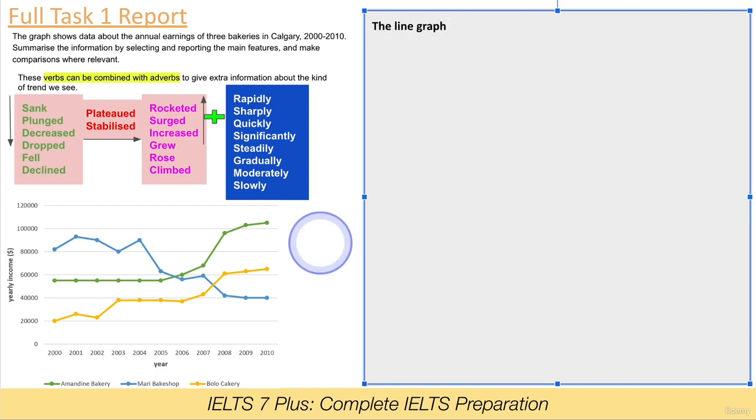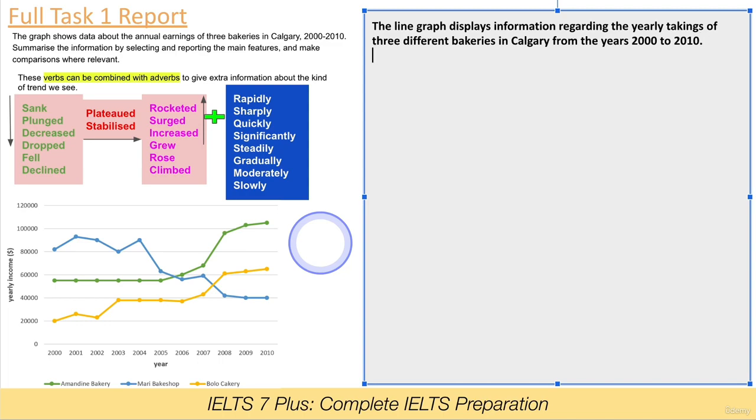The line graph displays information regarding the yearly earnings, the yearly takings of three different, it's hard to paraphrase bakeries, that's okay, bakeries in Calgary from the years 2000 to 2010. Okay, to the point there, quite short that one, that's okay.